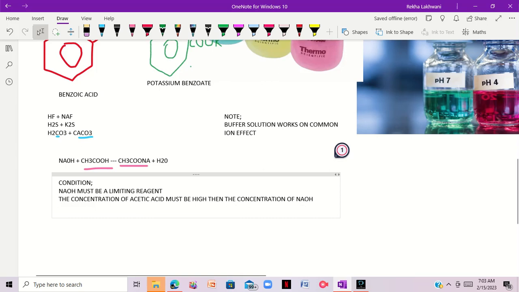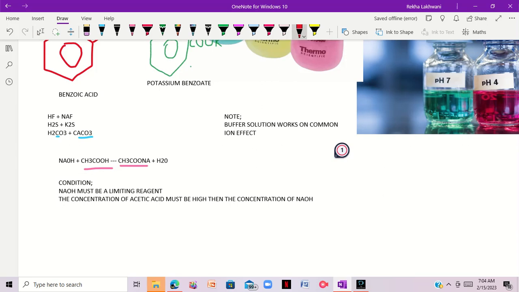Okay, for example, let's consider that the concentration of sodium hydroxide is 0.1, right? And the concentration of this acetic acid is 0.4, right?